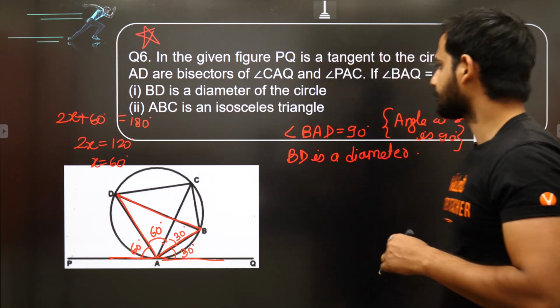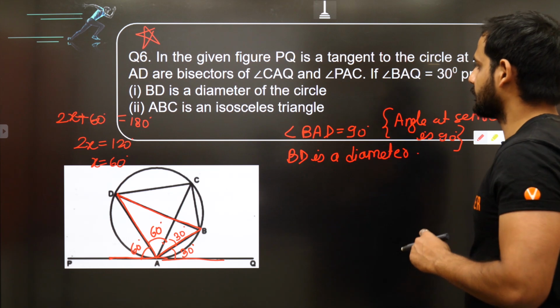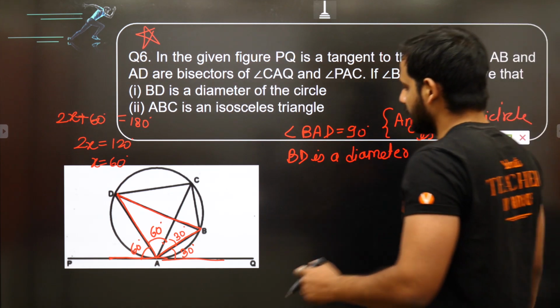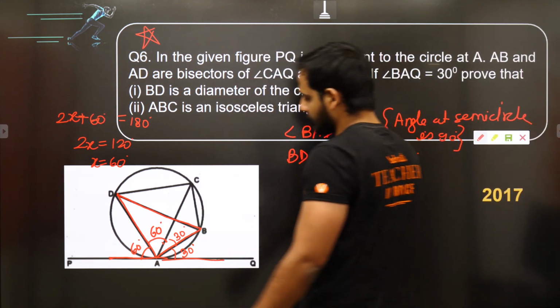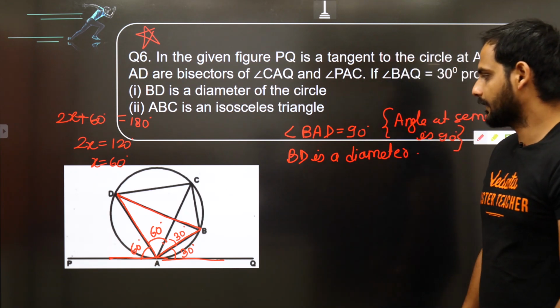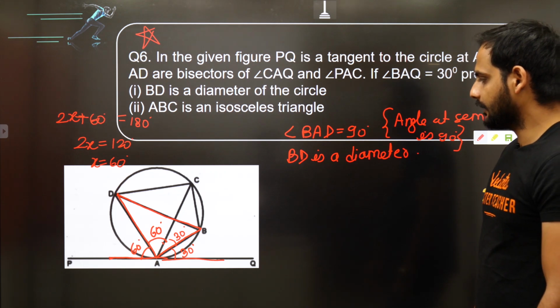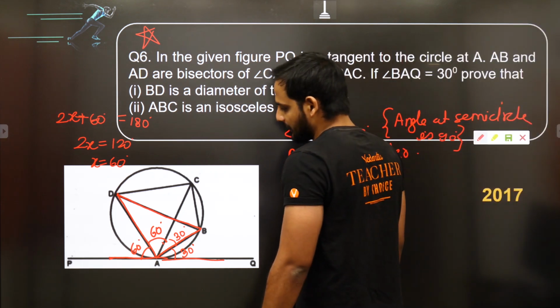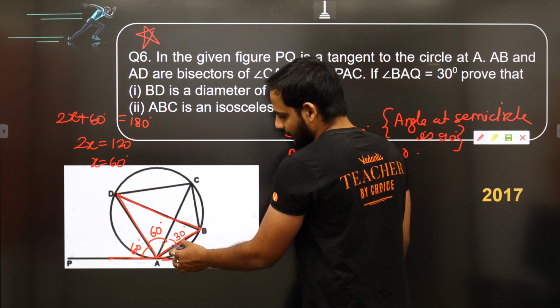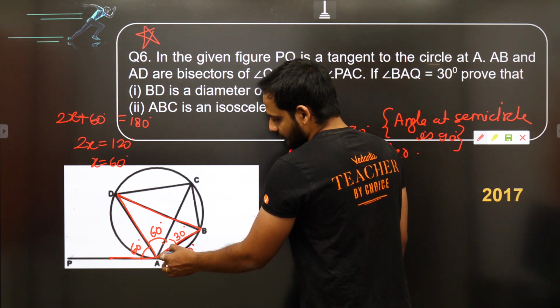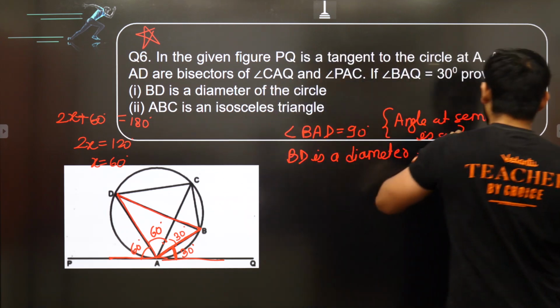Then we have to prove that ABC is an isosceles triangle. Okay, beta? Now listen, think properly. First thing, we know the alternate segment theorem. According to the alternate segment theorem, beta, this angle should be equal to, I'll just use another pen.